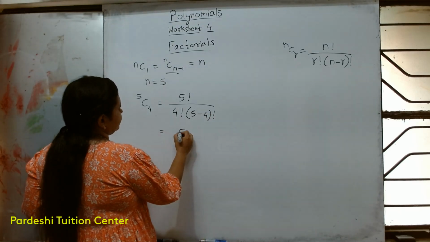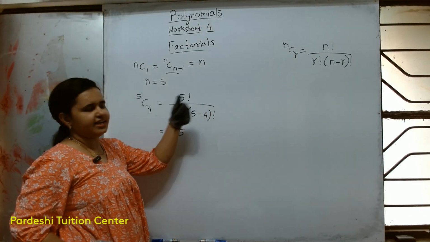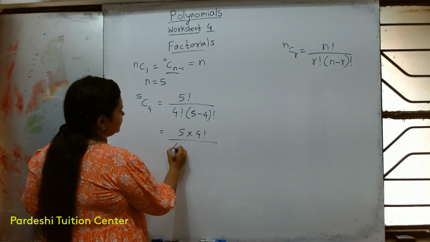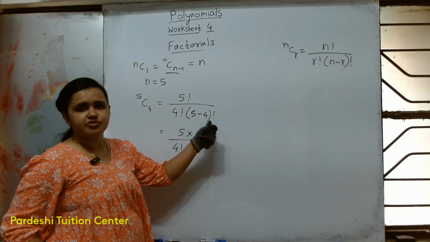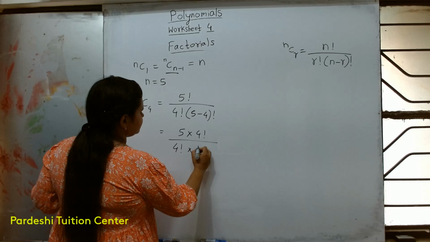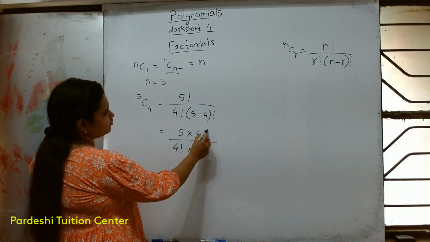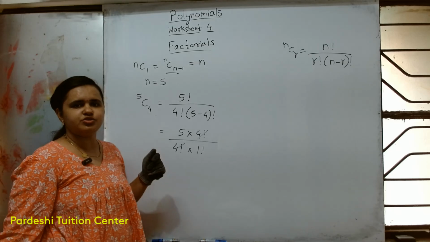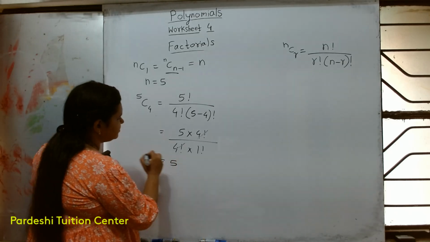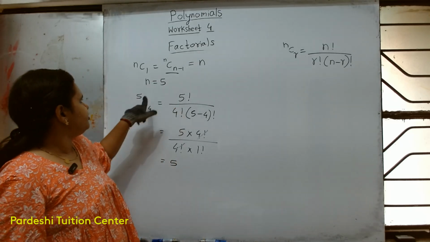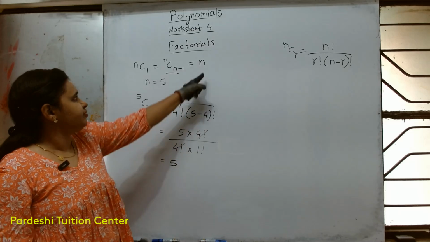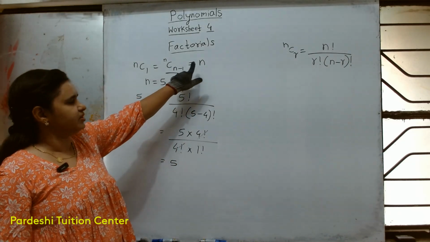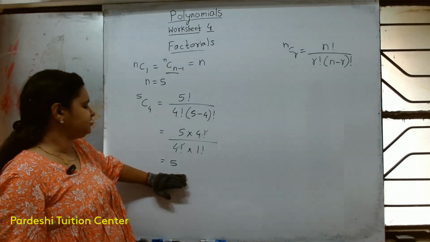We can write 5 factorial as 5 into 4 factorial. Again 4 factorial, 5 minus 4 is 1, so 1 factorial, the 4 factorials get cancelled and 1 factorial is equal to 1. So our answer will be 5. If we put n as 5, our answer is coming as 5. So nC1 equals n, nC(n minus 1) equals n. Here it is true.